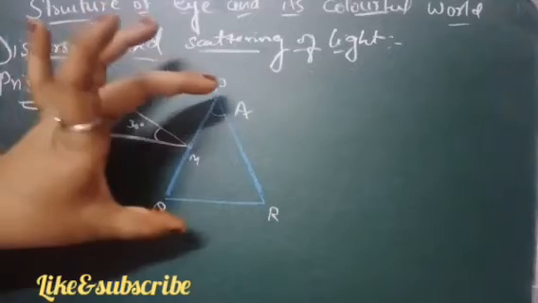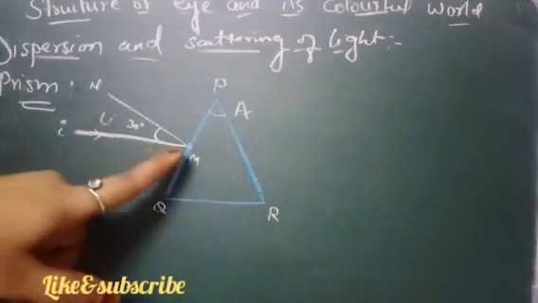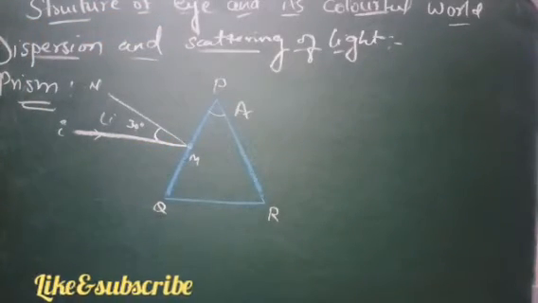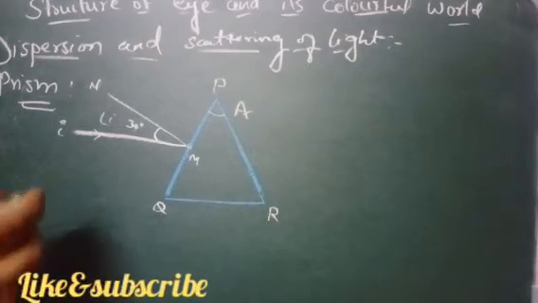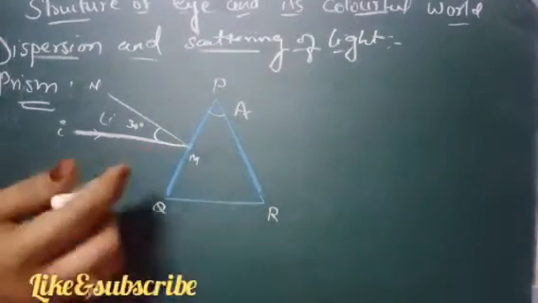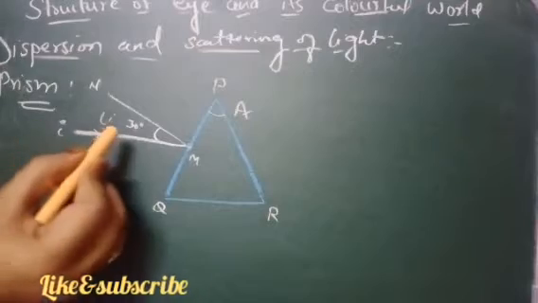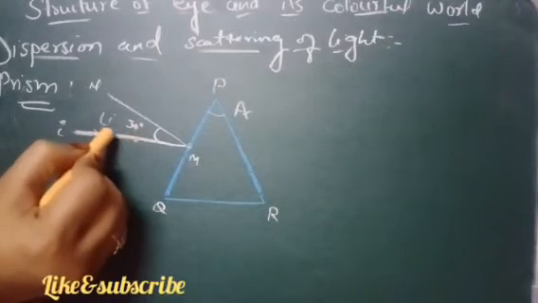Again we will take the prism and keep it like this on the outline, and after keeping the prism we will see the difference. We will keep one pin here and one pin here.